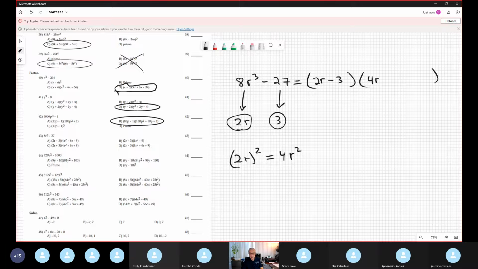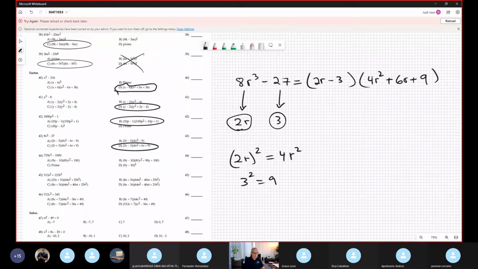Copy 4r squared plus the multiplication of both together, 6r, plus the square of 3, which is 9. So 2r minus 3 times 4r squared plus 6r plus 9. There you go, D. No problem. Got it.